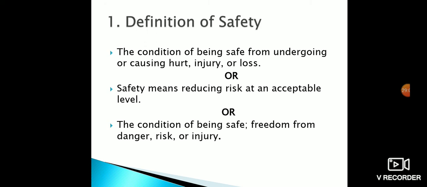Now here you can see it's a second definition. It is also very simple. Safety means reducing risk at an acceptable level.